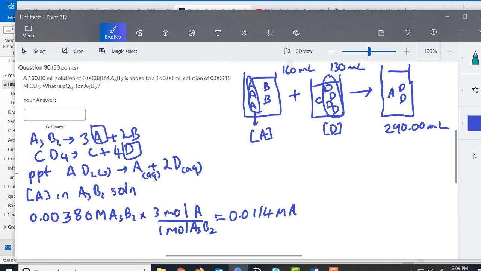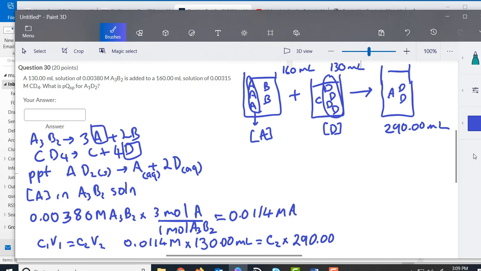The next thing we've got to do is figure out what happens with the dilution, and for that we use the dilution formula C1V1 equals C2V2. Now we're just going to plug in those values. We've got 0.0114 molar of A, and it's important here we use this concentration, not the initial concentration, because that's what's in the actual solution. The amount we have is 130.00 mils. And then we want to figure out the concentration once we get it into 290.00 mils.